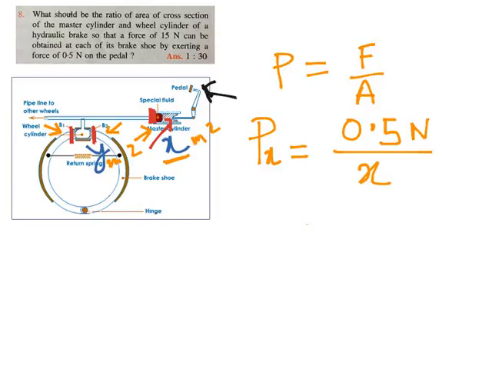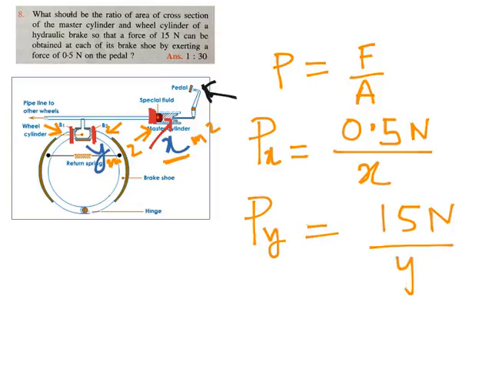Now for the points B1 and B2, where the brakes are, with cross section area of each brake y meter square, Py is 15 Newton by y.